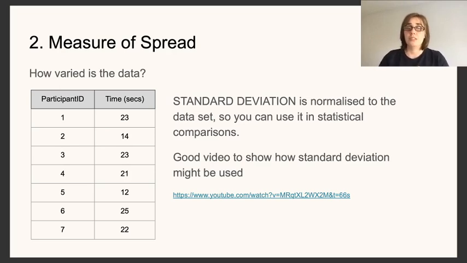Unless you're interested in the mathematics behind the stats, you're not going to see the variance calculations at all. There's a link to a good video to show you how standard deviation might be used and put it into a little bit of context. If you want to see it with some more examples, that's a good place to go.